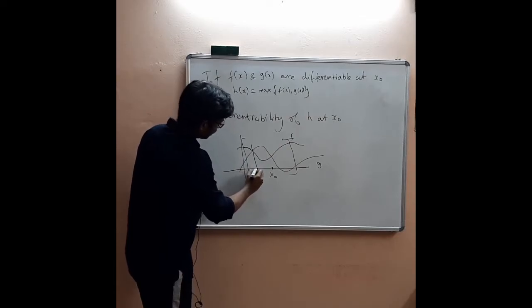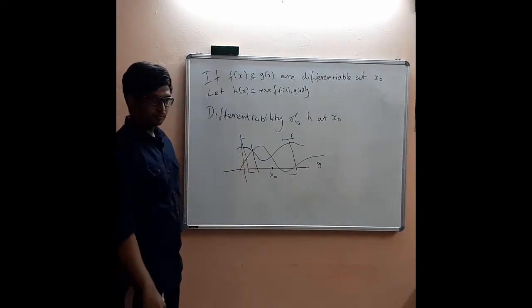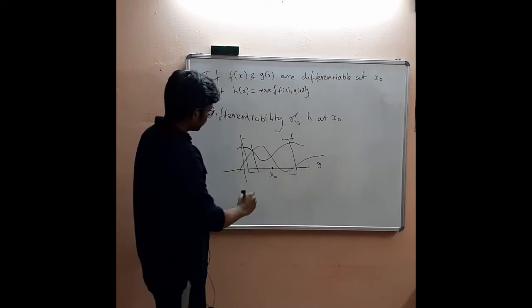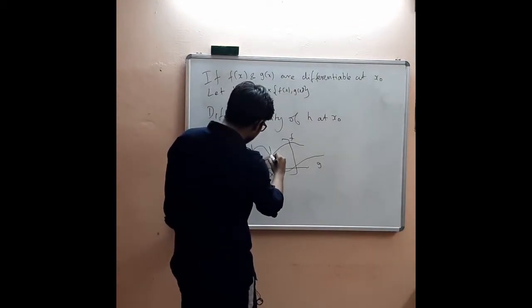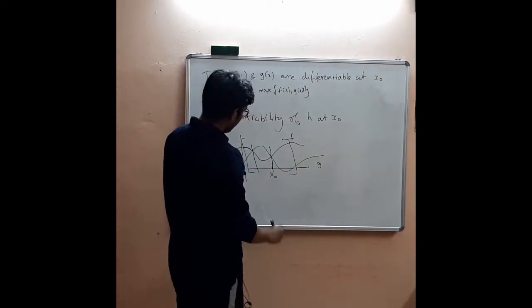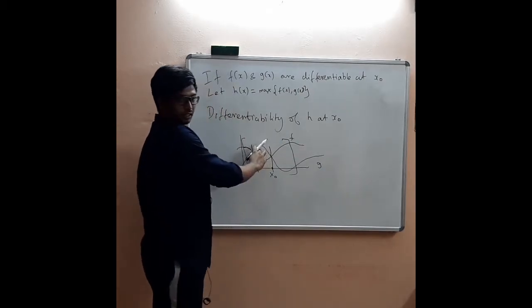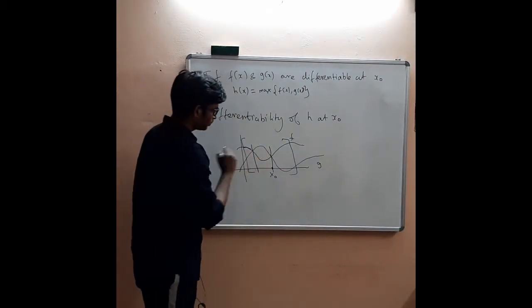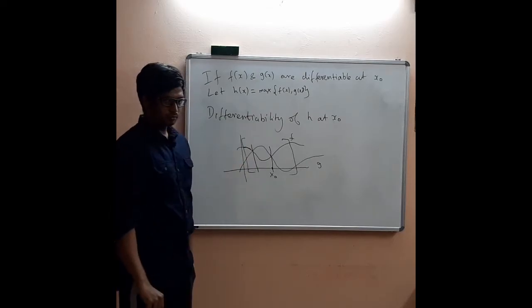In this interval, h will take the values of f, and till this interval, h will take the values of g because g is greater than f in this interval. Similarly, and so on.